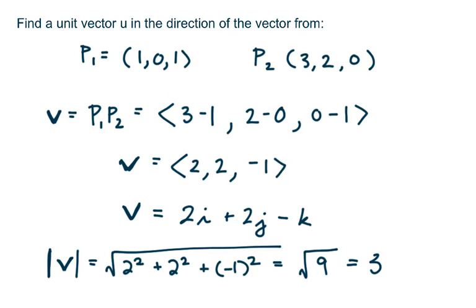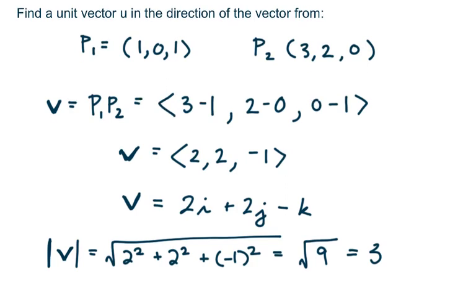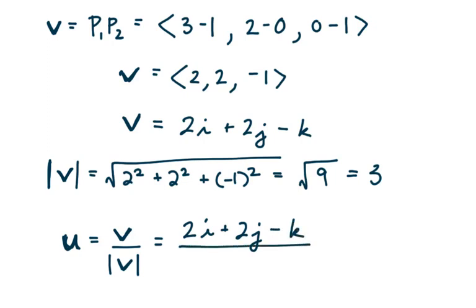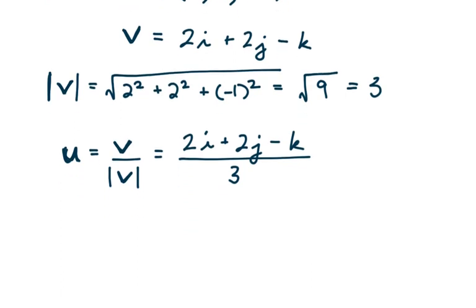So my unit vector, my vector of length 1, which represents 1 unit of my vector v from p sub 1 to p sub 2, my unit vector, bold u, is equal to bold v divided by the magnitude of v, or 2i plus 2j minus 1k over 3.